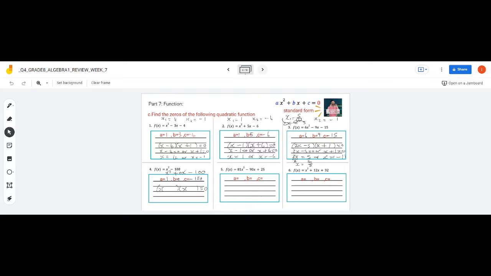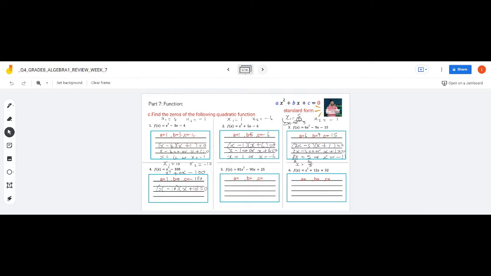So we have our x1 is equal to 10, and our x2 is equal to -10. Now you know what we're going to do is we're going to take the opposite of +10, which is -10, and then we're going to take the opposite of -10 and put the opposite, which is +10, inside of the bracket.